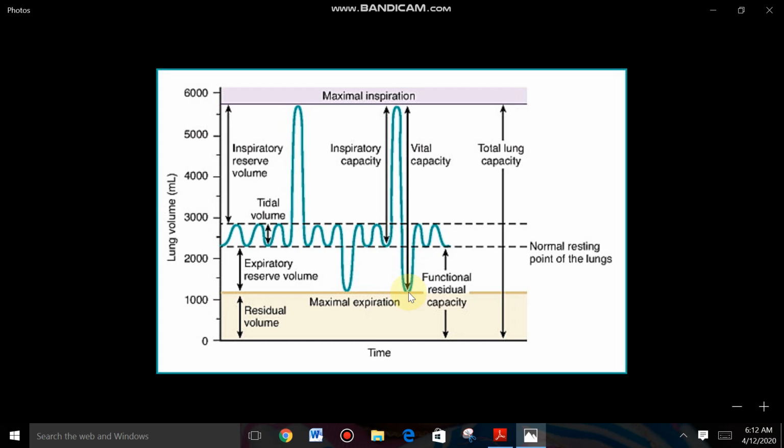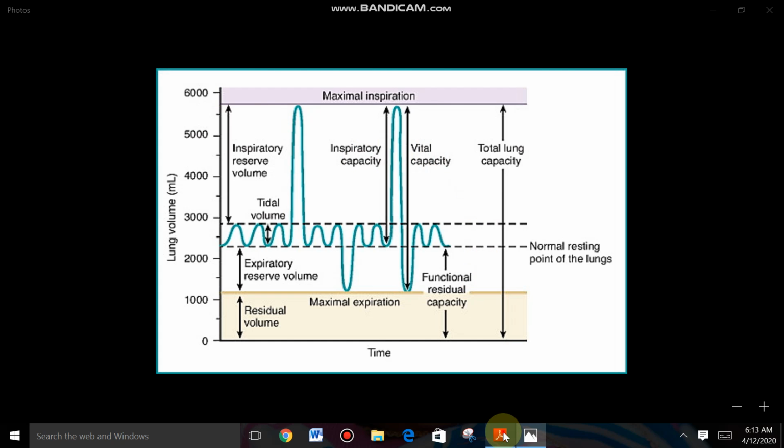The maximum volume of air a person can inhale after a forced expiration is called vital capacity. So VC is equal to ERV plus TV plus IRV.